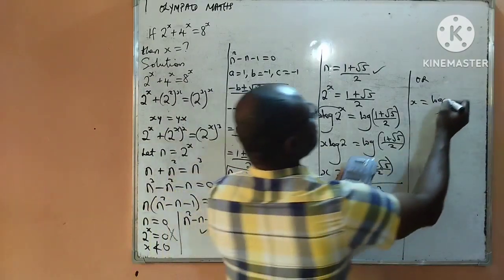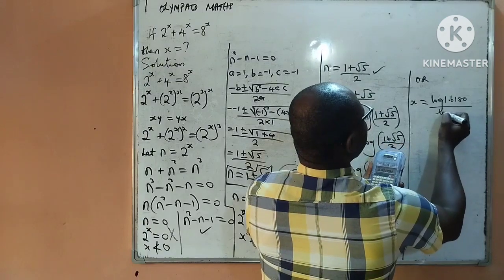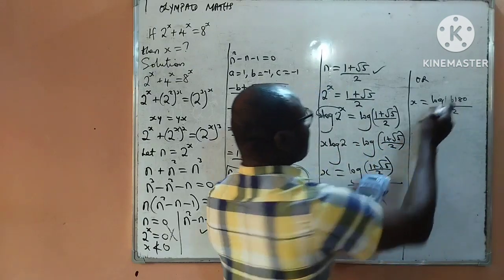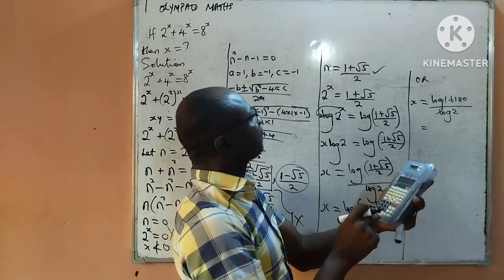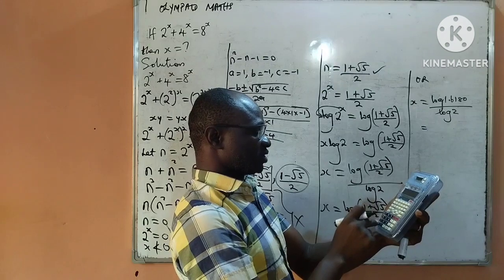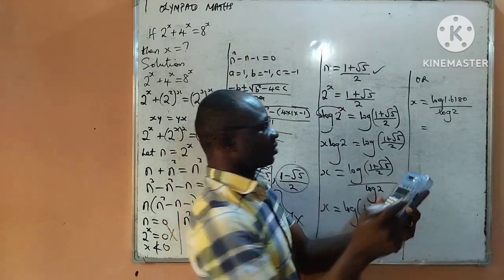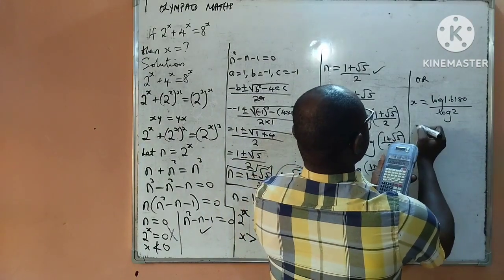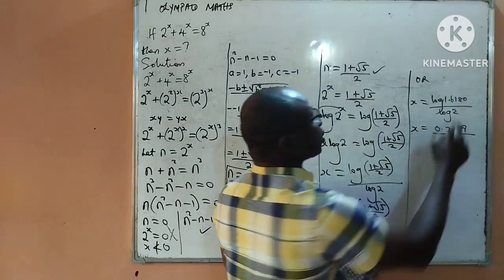That is going to give us log of 1.6180 divided by the log of 2. Finding the log of that, it will give us x equal to 0.2089 divided by log 2.